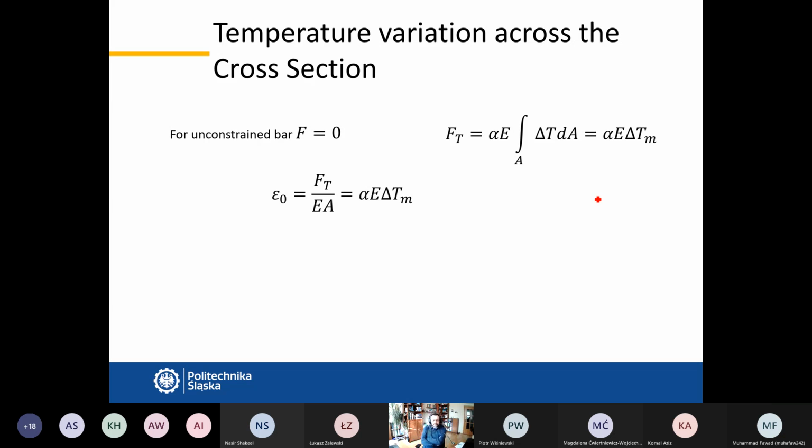So the strain observed in the bar is just Ft, the force produced by the system by the temperature change, and the rigidity of the system, so E times A. And this is, of course, looking at the formula, E alpha E delta T m.